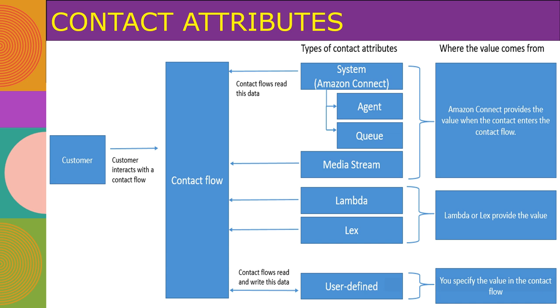So Amazon Connect provides the value when the contact enters the contact flow. And when the sound file starts streaming and media starts streaming, the Amazon Connect system also provides the media stream. Let's suppose I'm using Kinesis, and the media stream comes in, and I'm streaming a file, and I need to know the ARN of the sound file.